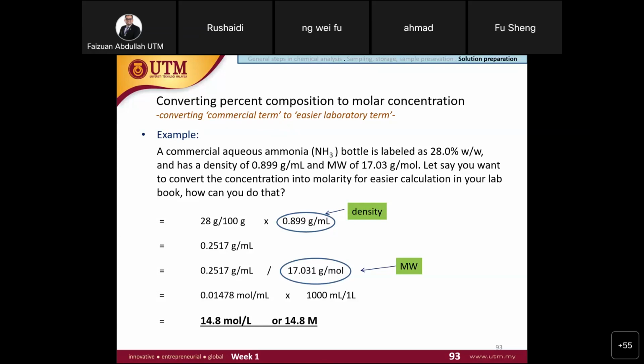So now you got the percentage of weight by volume, 0.2517 gram per mL. And now we divide by the molecular weight. When we divide by molecular weight, the concentration becomes molarity. So we have 0.01478 mole per milliliter. But molarity is mole per liter.